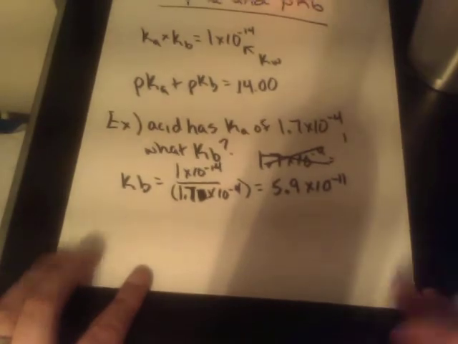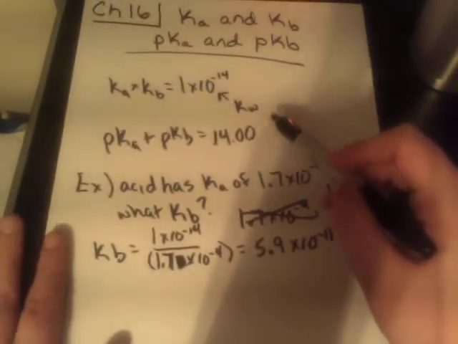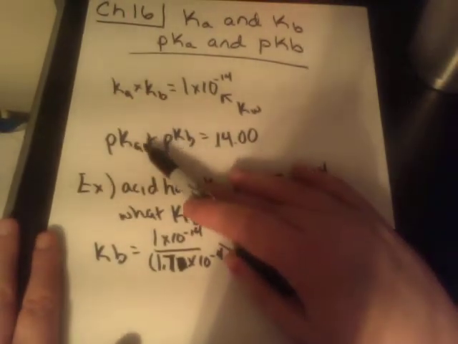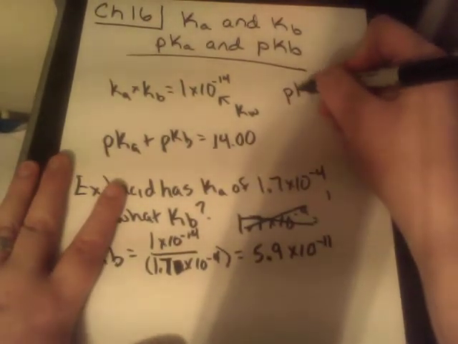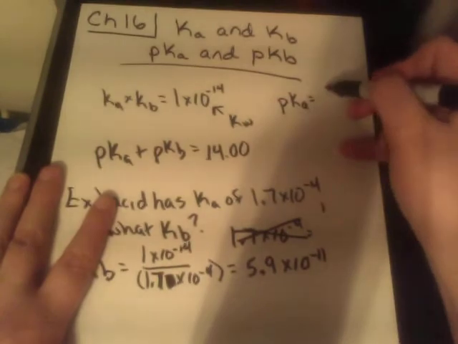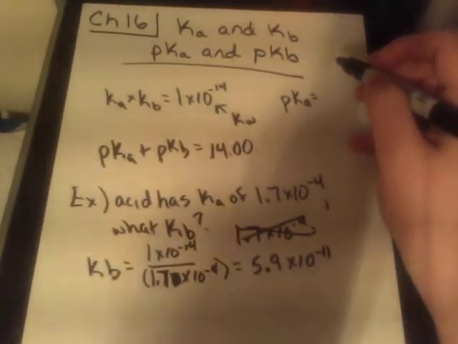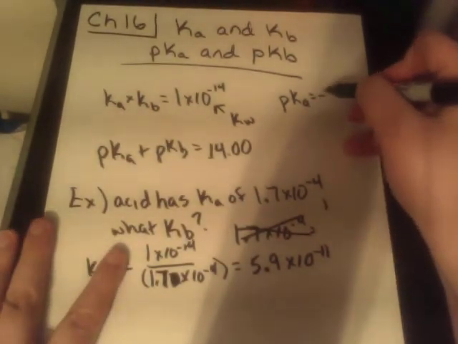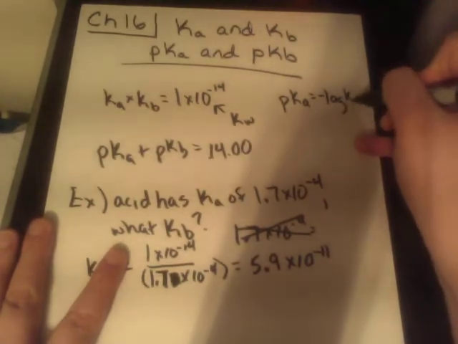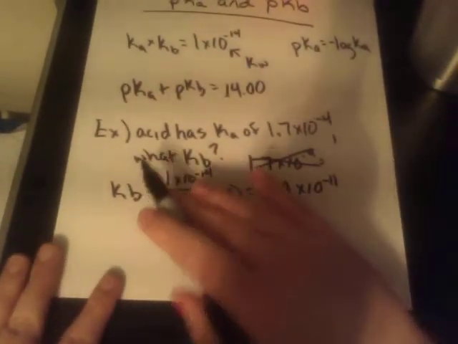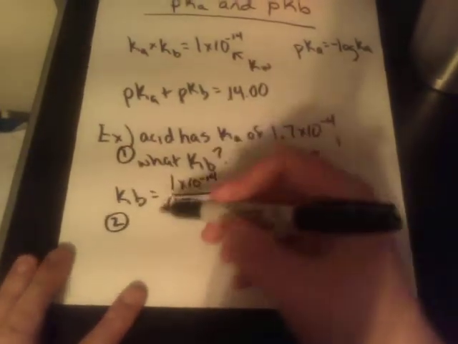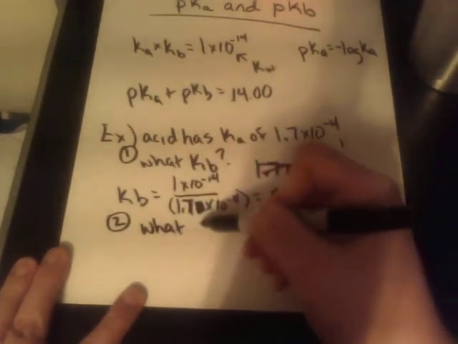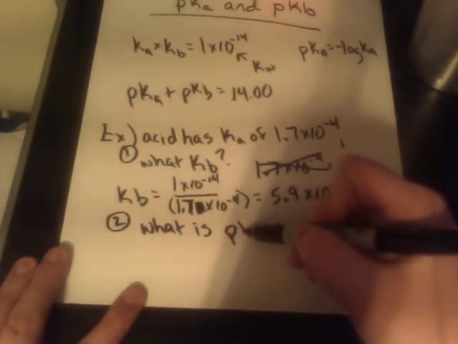Now, just like pH, pK sub B is actually negative log of K sub B. We could say pK sub A is the same as negative log of the K sub A. So if I extended this question and gave it a part 2, I'd say, what is the pK sub B?